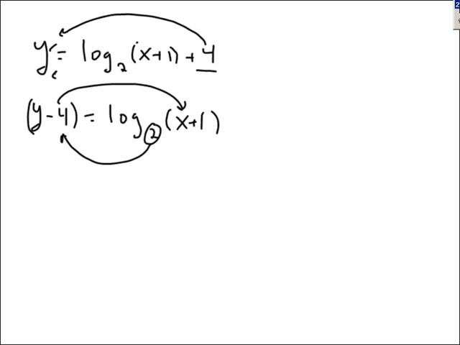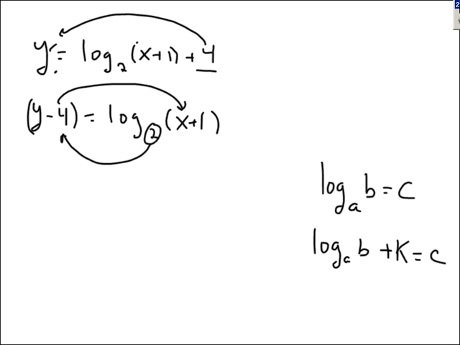The rule has always been, if you have log of some base of something equals something else, then you could rewrite it. But nobody said anything like, if you have log base A of something plus something else equals C. No. You have to bring the C over.